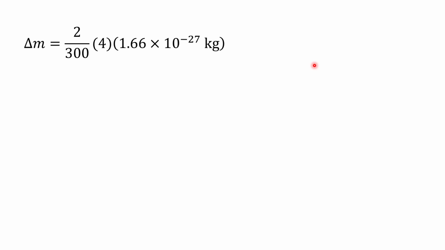Okay, let's look at the decrease in mass of that system of 4 protons. I asserted that 2 out of 300 of the mass just disappeared. Well, we know it didn't disappear. It was transformed into kinetic energy, light energy. Well, this is the ratio, but the actual mass in kilograms would be 4 times the mass of each proton, and this is about the mass of a proton.